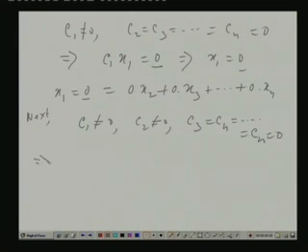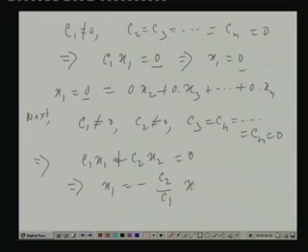This means C1 x1 plus C2 x2 equal to 0, which means x1 is nothing but minus C2 by C1 times x2. So, x1 can be written as a linear combination of another random variable x2. It is also a linear combination, but having only one element x2 multiplied by some scalar number.